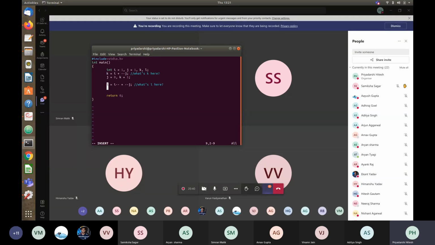So while executing this, i will definitely change to 0, it was 1 initially. But while solving this equation, since it is being assigned to l, the value of i that will be taken here is 1 only. The decrement will happen later, and 1 plus -1 would be equal to 0.